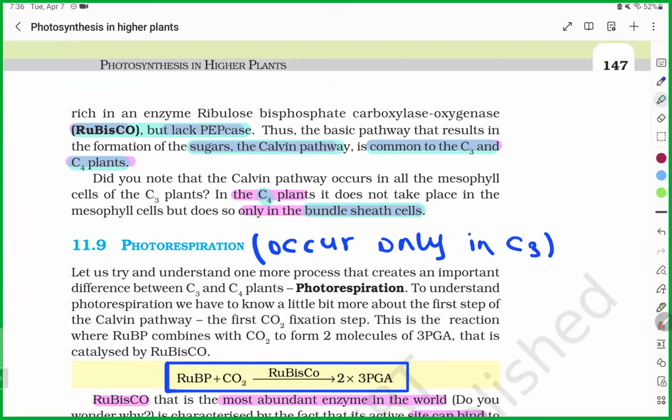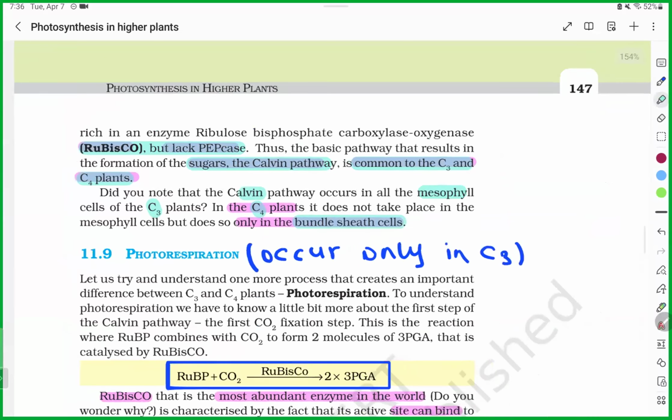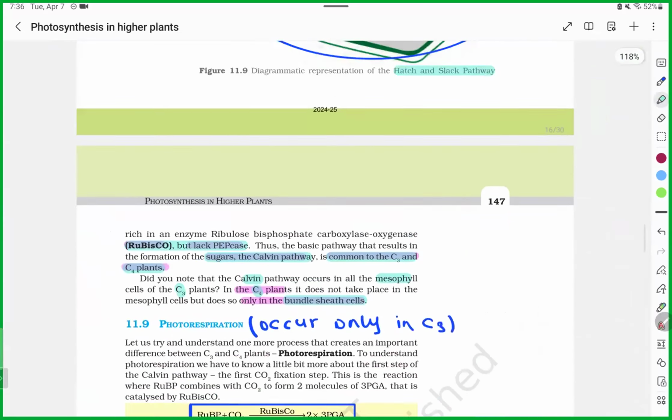In case of a C3 plant, the Calvin cycle occurs in the mesophyll cell. In a C4 plant, it occurs in the bundle sheath cell. Anybody have a question? Ask me.